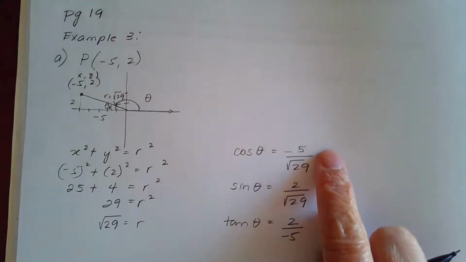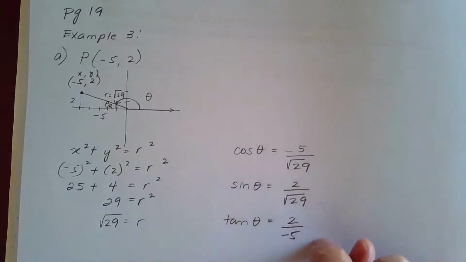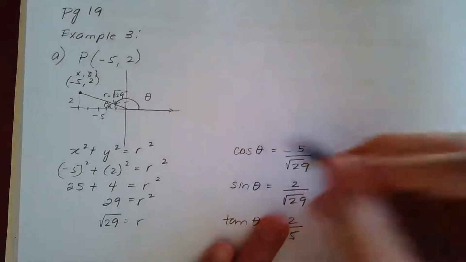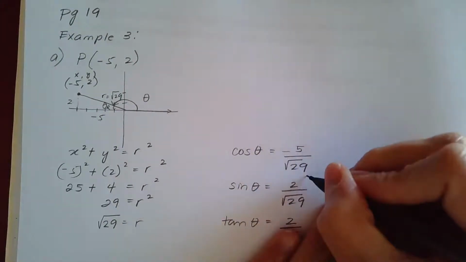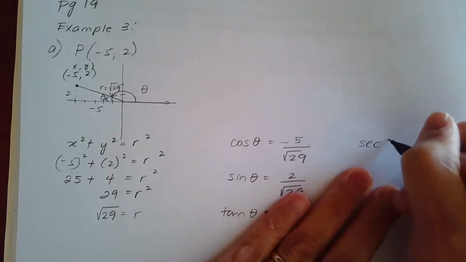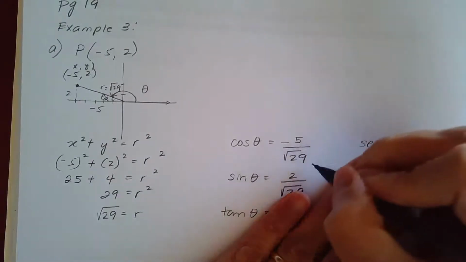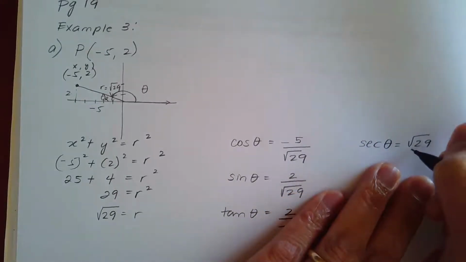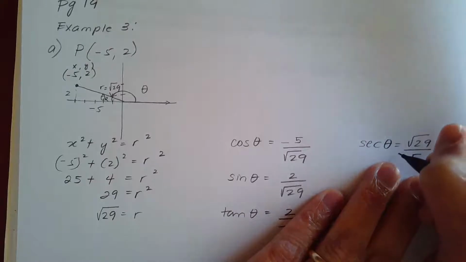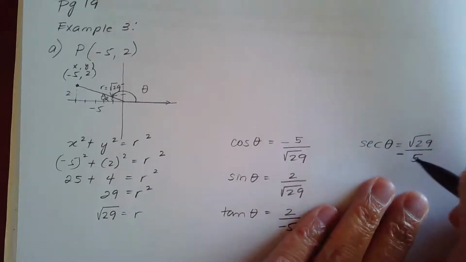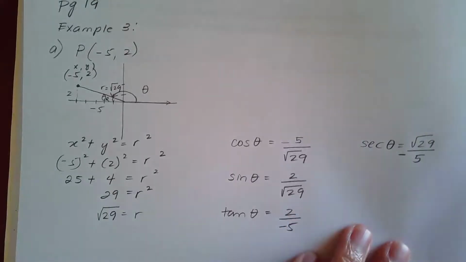Now that we have the primary trigonometric ratios, we're going to do the reciprocal trig ratios. So if cosine of theta is negative 5 over root of 29, then secant theta is the reciprocal of cosine. So it's going to be root of 29 over 5, and it's going to be negative. You can put the negative at the front, or you can put it in the denominator. It doesn't really matter.